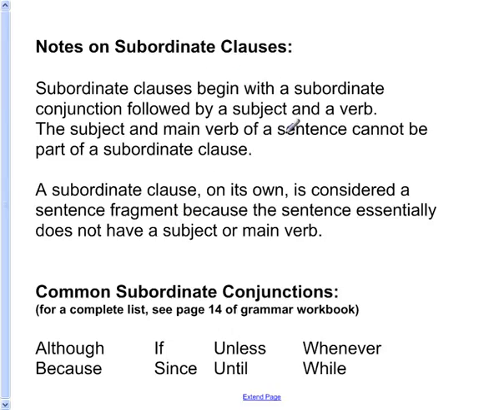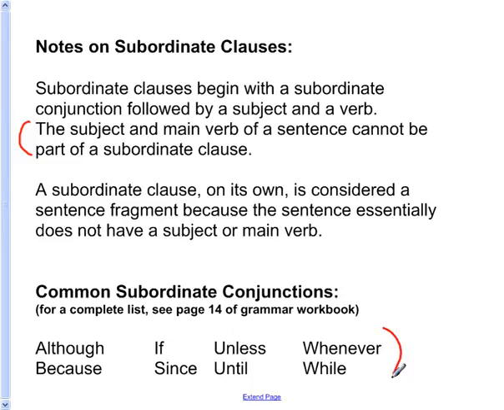Subordinate clauses begin with a subordinate conjunction followed by a subject and a verb. Again, the subject and the main verb of a sentence cannot be part of a subordinate clause. A subordinate clause on its own is considered a sentence fragment because the sentence essentially does not have a subject or a main verb. Common subordinate conjunctions are although, because, if, since, unless, until, whenever, while.